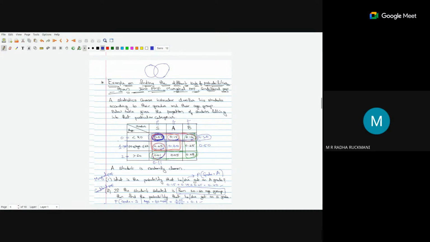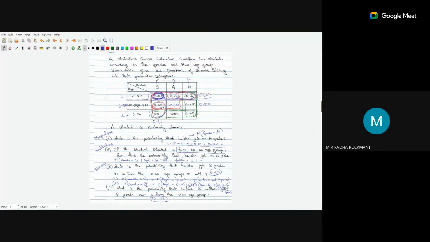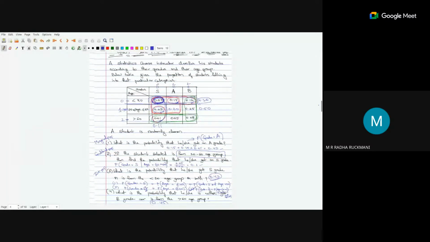But saying both is confusing, whether it is an intersection or what it is. In union, you anyway subtract the intersection portion, because probability of A union B is probability of A plus probability of B minus probability of A intersection B. In this question, S grade or less than 20 age group is anyway a union, right?